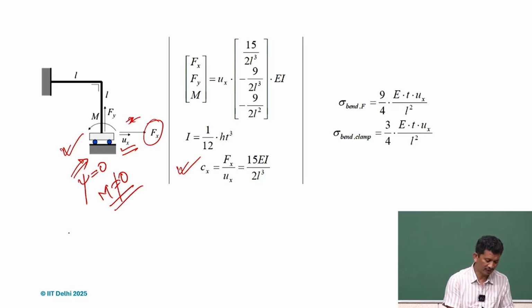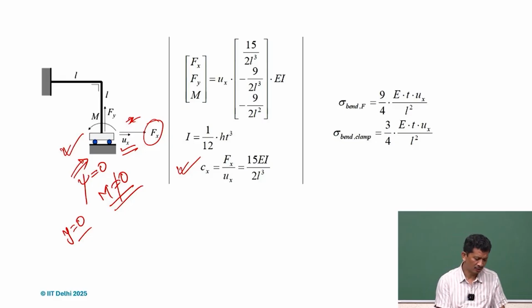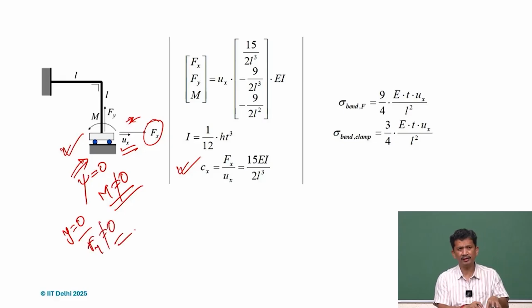Similarly, the y displacement is also 0. It is still going along the guide. So y is 0 in this case, not Fy. Fy is not 0. Many times students make this kind of mistake in class whenever we ask what the boundary conditions are, so one should be aware of that.